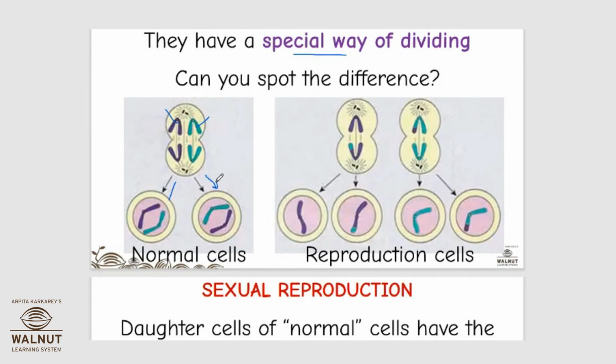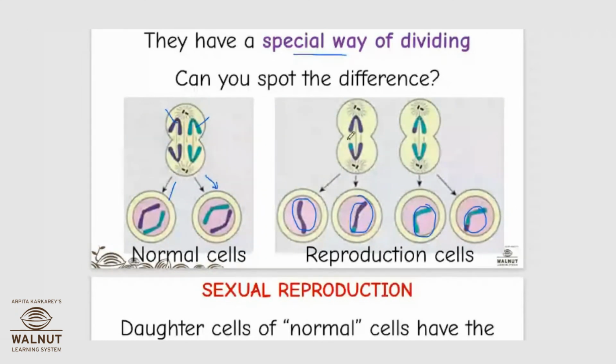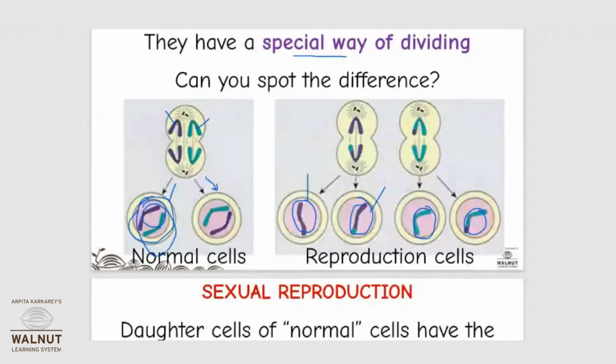In the case of reproductive cells, you will see only one chromosome or one set, not the double. Yes or no? Can you see this difference? Here it is a set, meaning it's a pair of chromosomes. Here you will see just one chromosome, isn't it? So multiplying or dividing of reproductive cells is different as compared to normal cells. From this picture, it is understood.